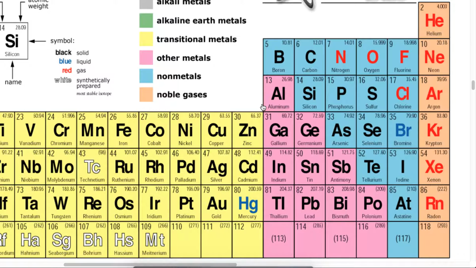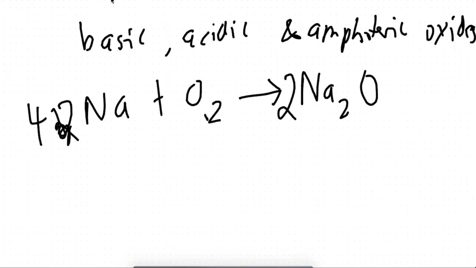Aluminium is the exception, guys. Aluminium is what we call amphoteric oxides. Okay, guys? So please remember this. I repeat, sodium and magnesium oxide are basic oxides. Silicon oxide, phosphorus oxide, sulfur oxide, and chlorine oxide are called acidic oxides, whereas aluminium oxide is amphoteric.